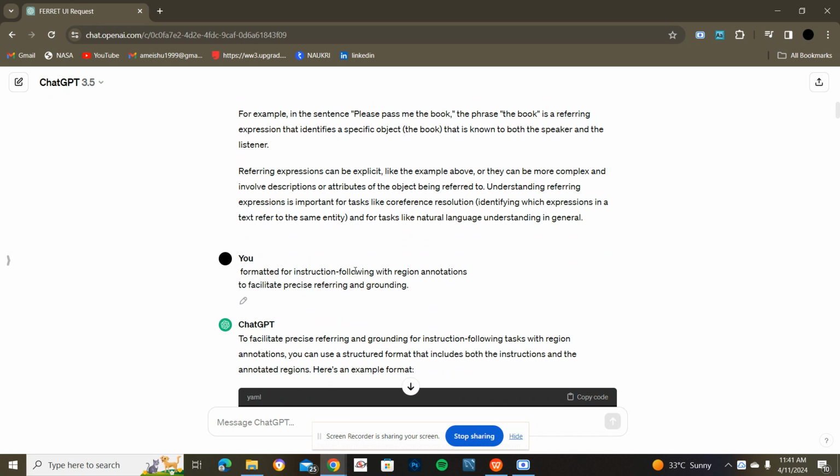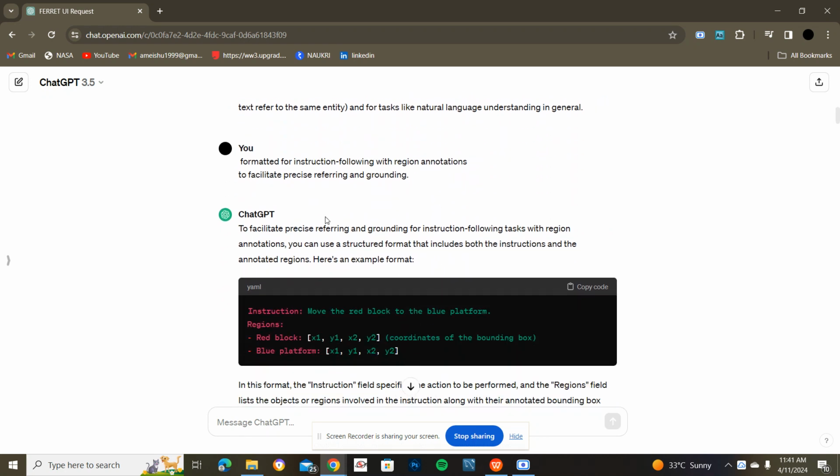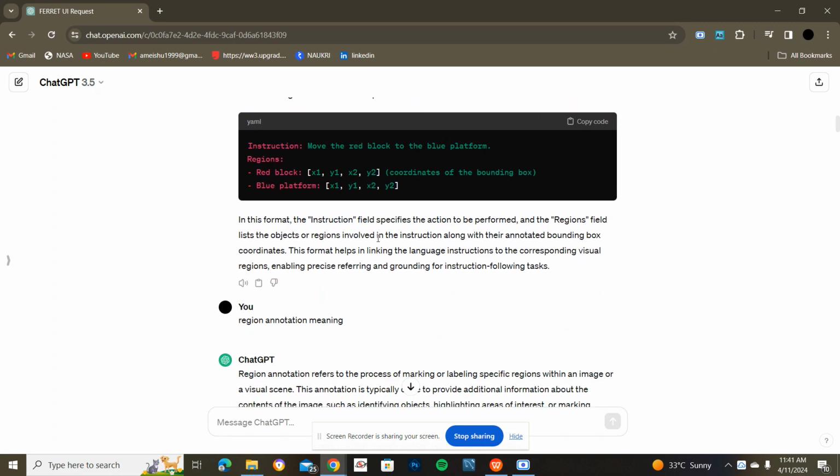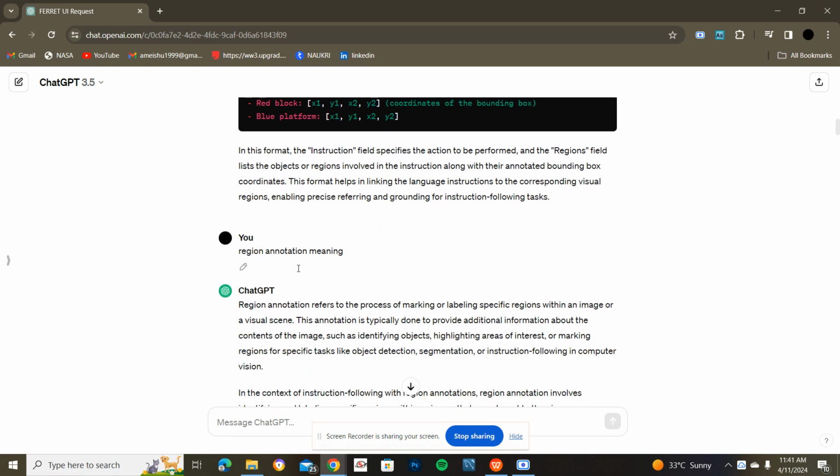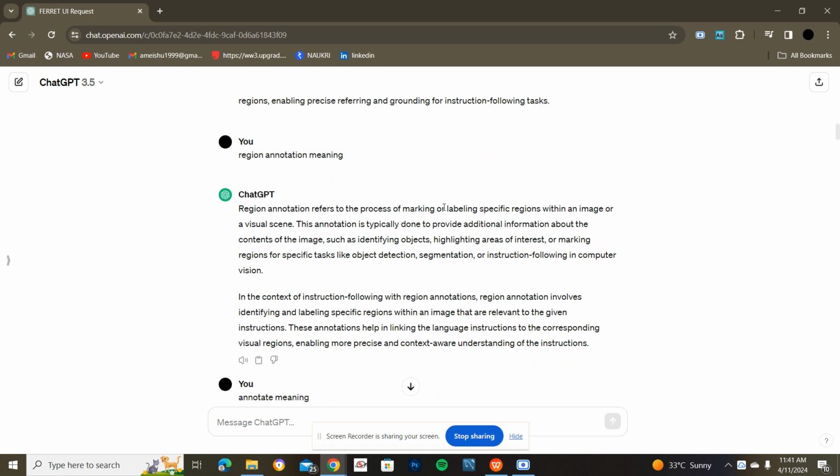Formatted for instruction following with region annotation to facilitate precise referring and grounding. Region annotation refers to the process of marking or labeling specific regions within an image or visual scene.